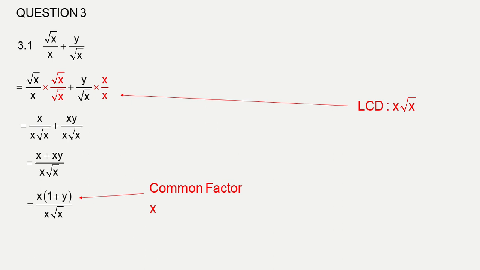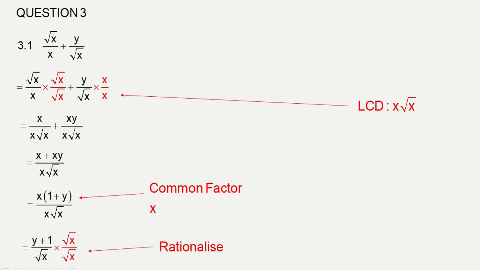But if you remember, your answer had a denominator of x and not of root x. So it means at some point you need to rationalize and multiply by root x over root x.